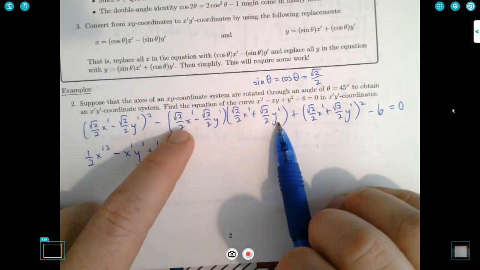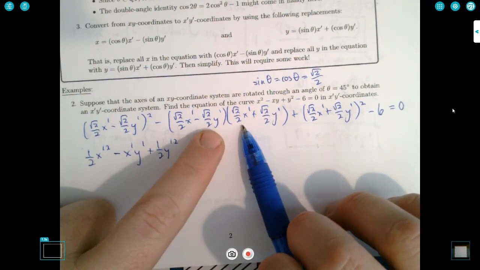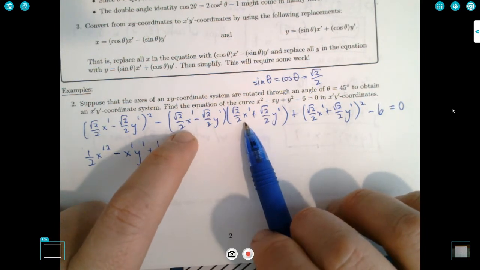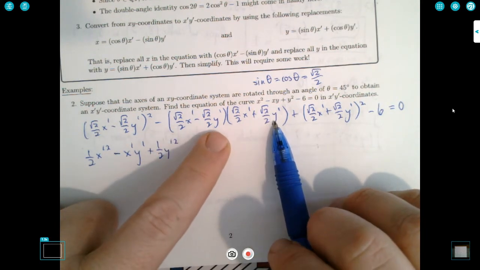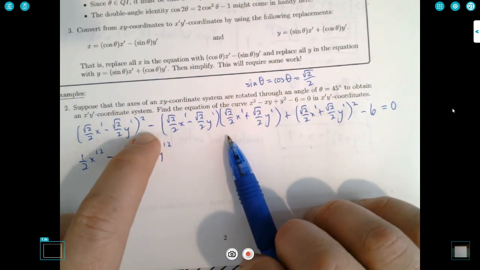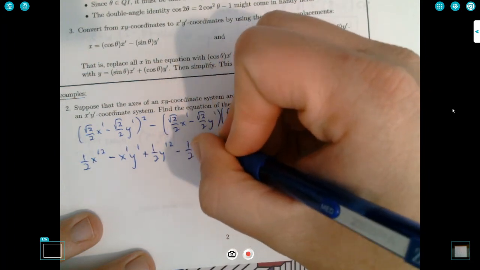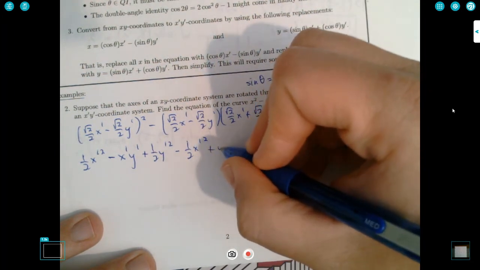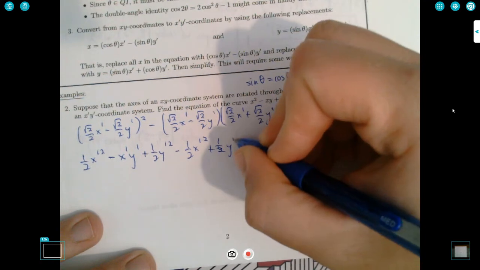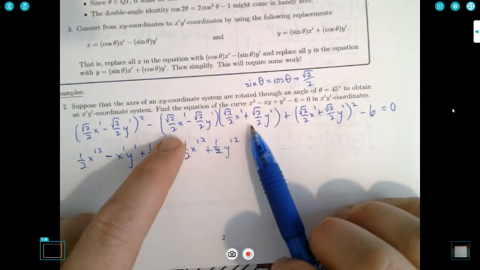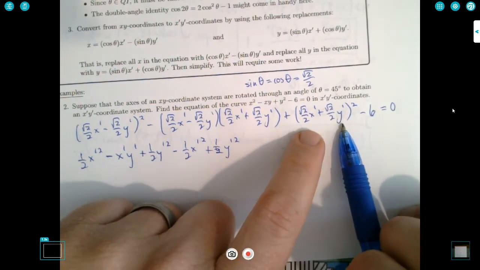Here, the x prime y primes are going to cancel. So I'm just going to have a 1/2 x prime squared minus a 1/2 y prime squared. But I'm going to be subtracting it. So it's going to be minus 1/2 x prime squared plus 1/2 y prime squared. Okay, that takes care of that one.